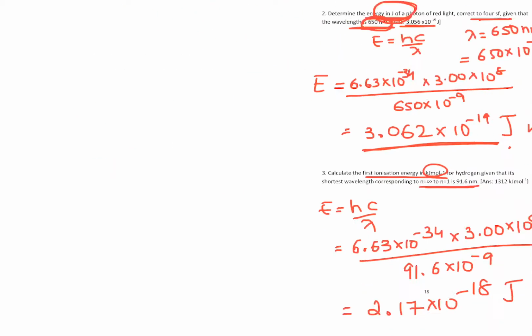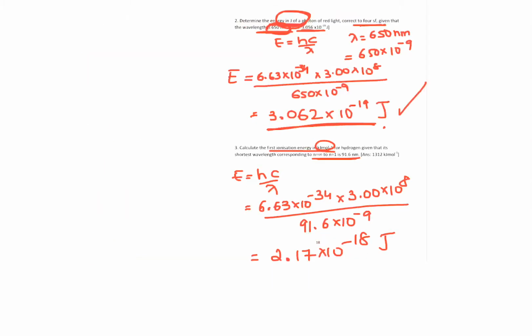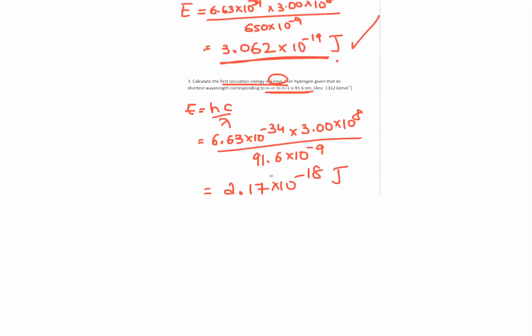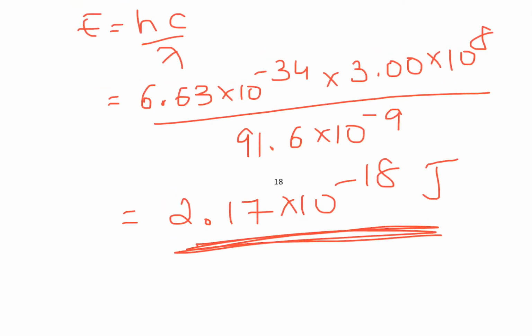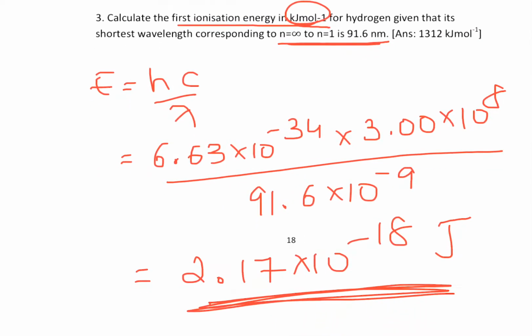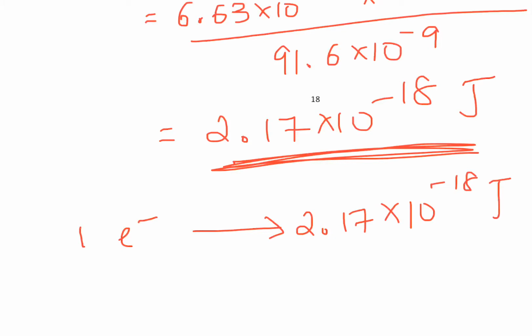So remember, the energy that you're going to get is going to be in joules. Now I'm going to convert this to kilojoules per mole. So that number of joules is for 1 particle to be removed, which means that it's for 1 electron being removed. So to remove 1 electron, I need 2.17 times 10 to the power minus 18 joules.